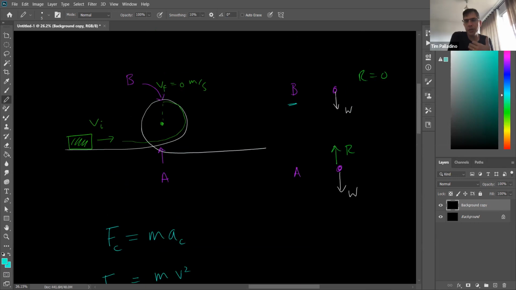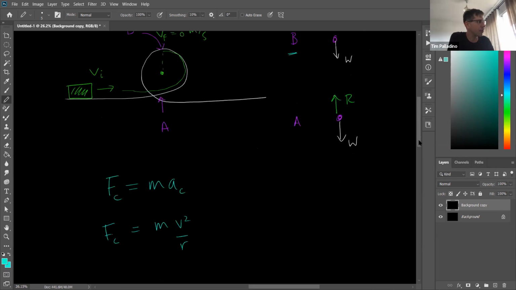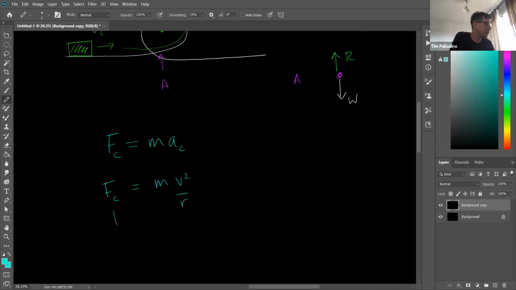If the car slows down enough that it loses contact with the track, then the only centripetal force is going to be the weight force at the top. So the weight force equals this side of the equation, mv squared over r.